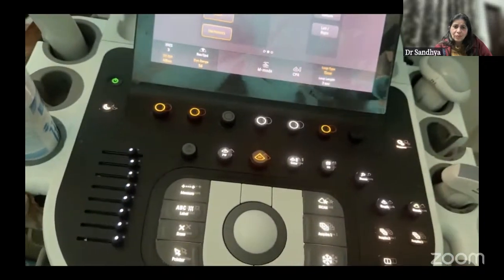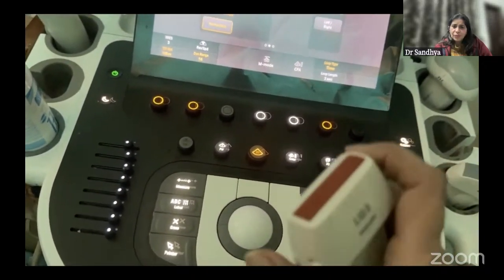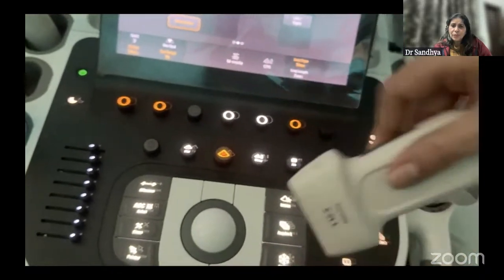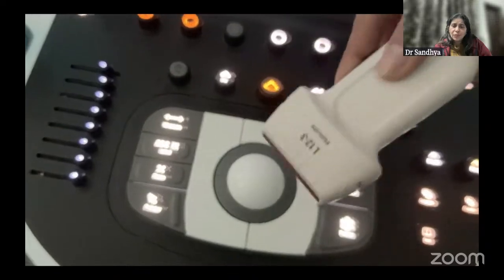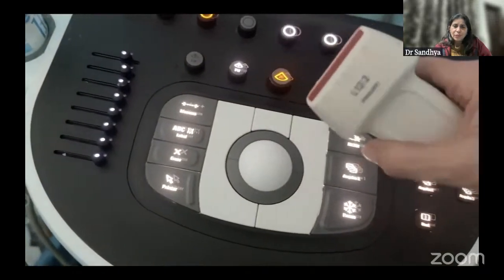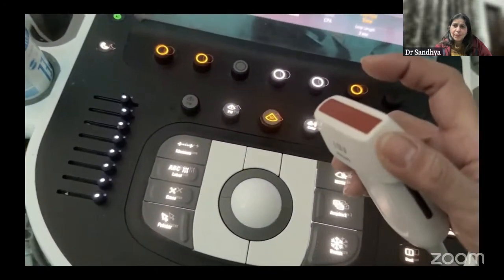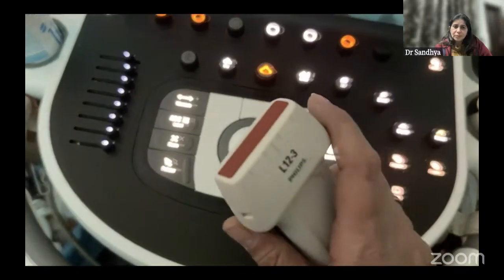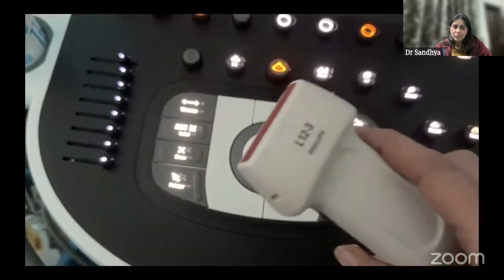Normally, purely eye ultrasound machines have a shorter probe, comparable to the eyeball, so when we put it over the eye it just barely covers the whole eyeball. But since this is a general radiology machine, this is a little wider probe, but we will do with this only, not an issue.